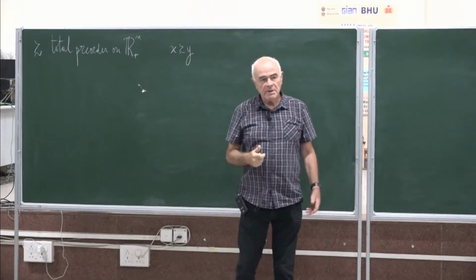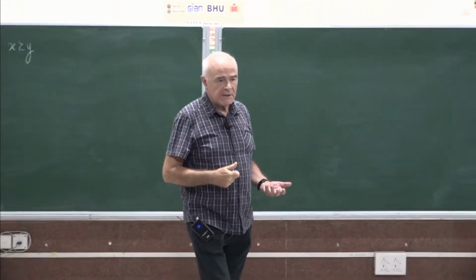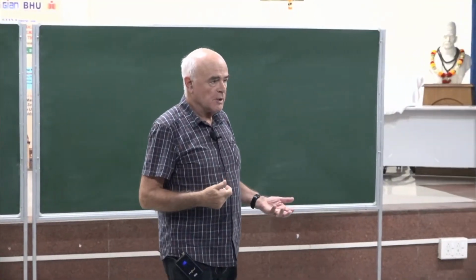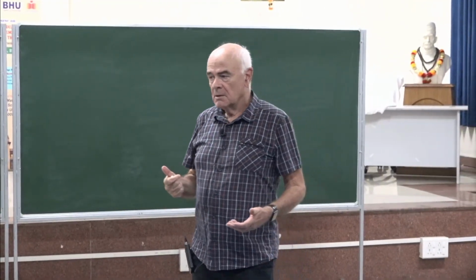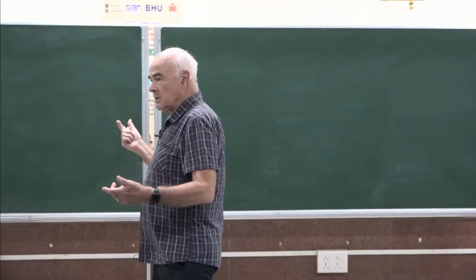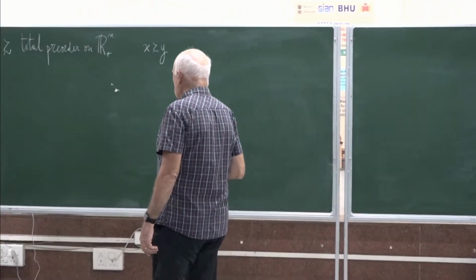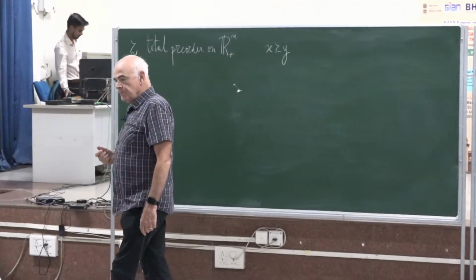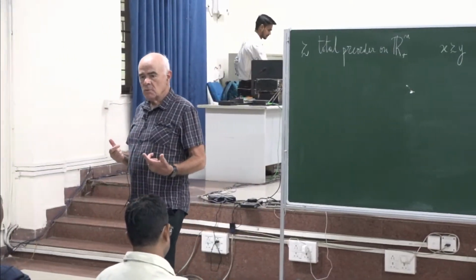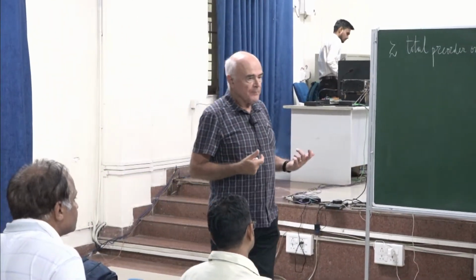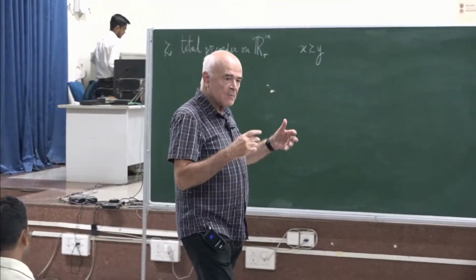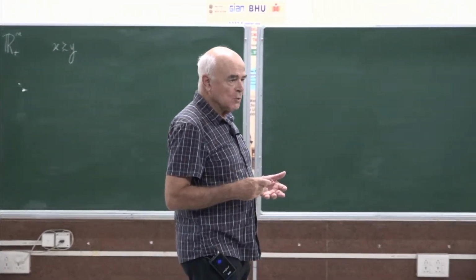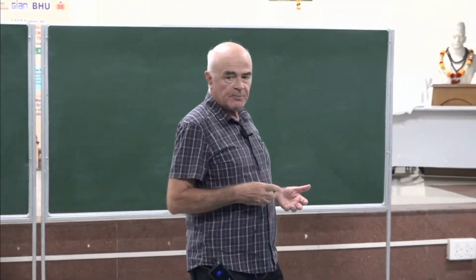Related to y means that the commodity bundle x is preferred to the commodity bundle y. They are indifferent. Okay? I mentioned that to work with total preorders in the abstract is difficult, so it's good when we have a so-called utility representation.